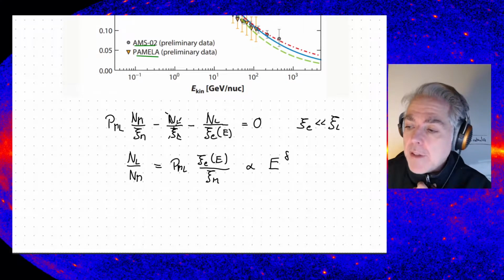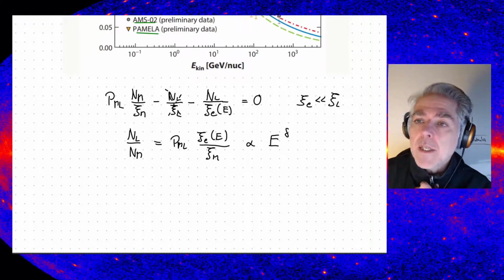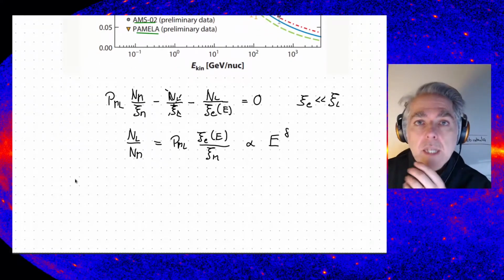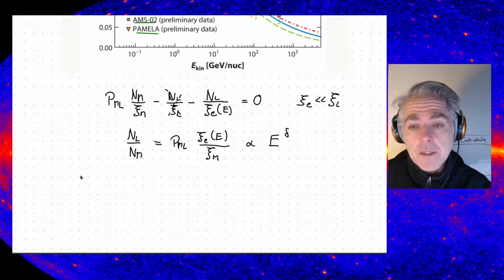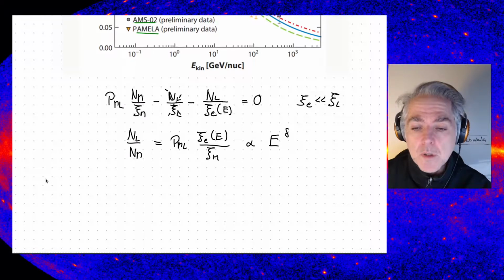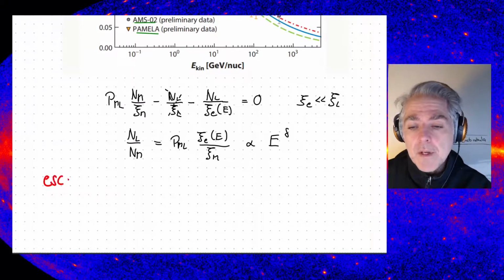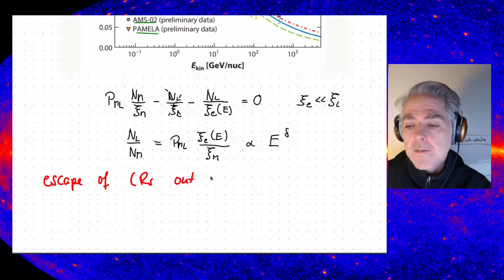But the main thing which you should bear in mind here, let me make that in thick and red, is that particles will escape, otherwise this B/C ratio and its energy dependence is not explainable. So we have escape of cosmic rays out of the galaxy.